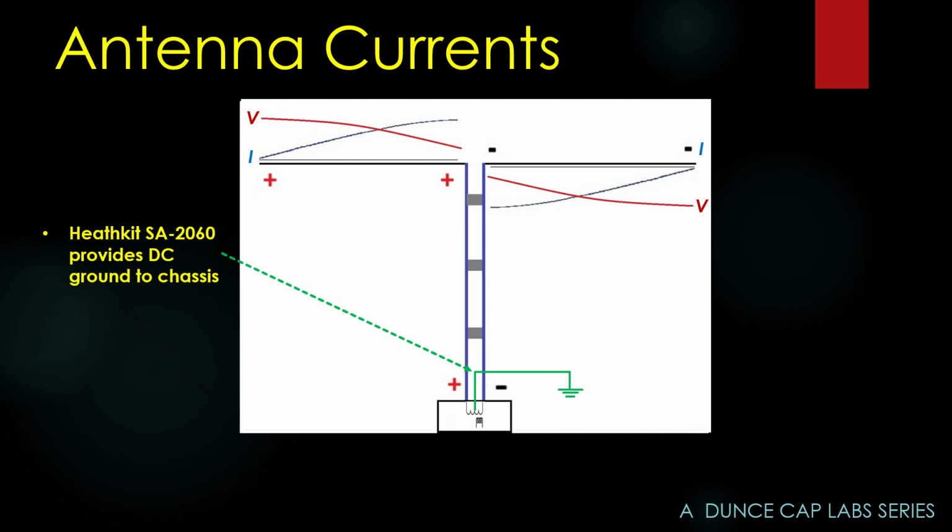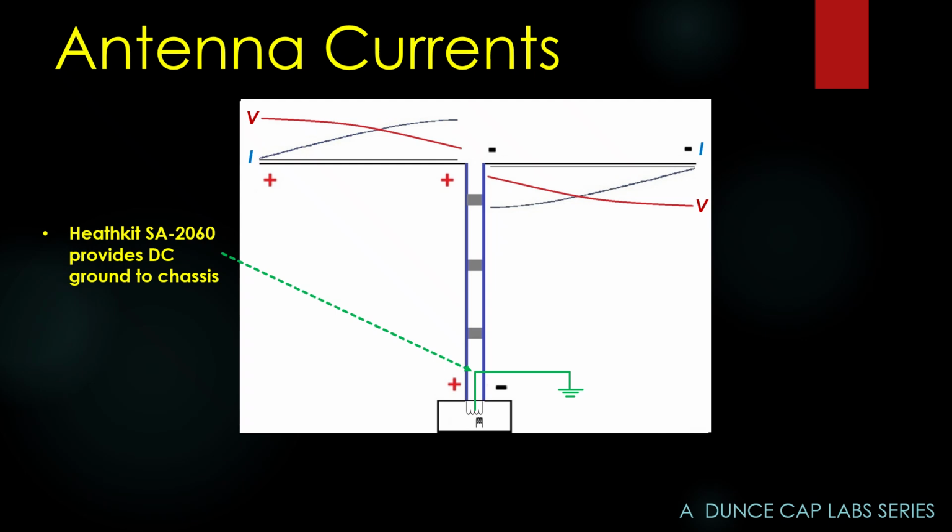So if we were using a 2060 series tuner and most MFJ tuners, we'll find the center of the coil is set to cabinet ground. This is not an RF ground, and you don't need an RF ground. What you really want is just to ground back on the third wire or a reasonable ground, because taking that static charge off is very easy because the static charge has a very slow rise time.